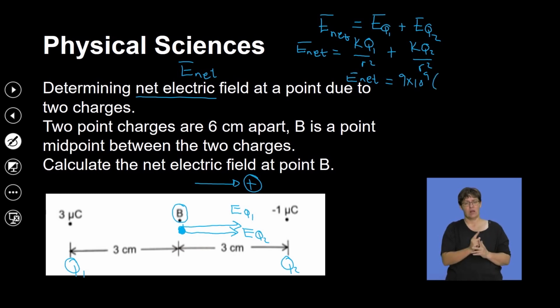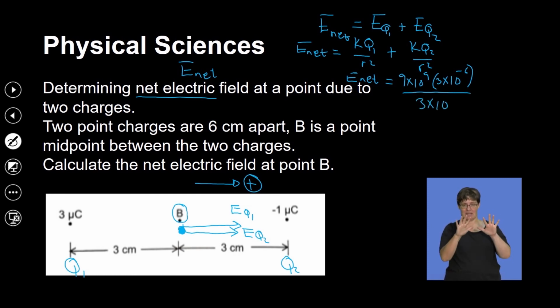Converting microcoulombs to coulombs gives 3 times 10 exponent negative 6. The distance is 3 centimeters, which we convert to meters: 3 times 10 exponent negative 2, and we square that distance. This substitution is for E due to Q1.